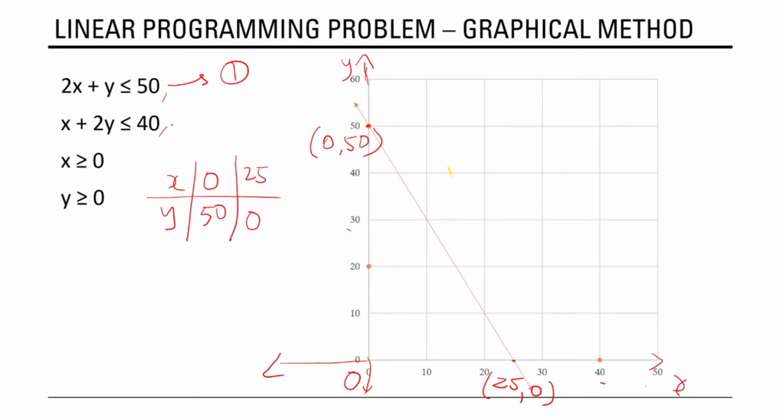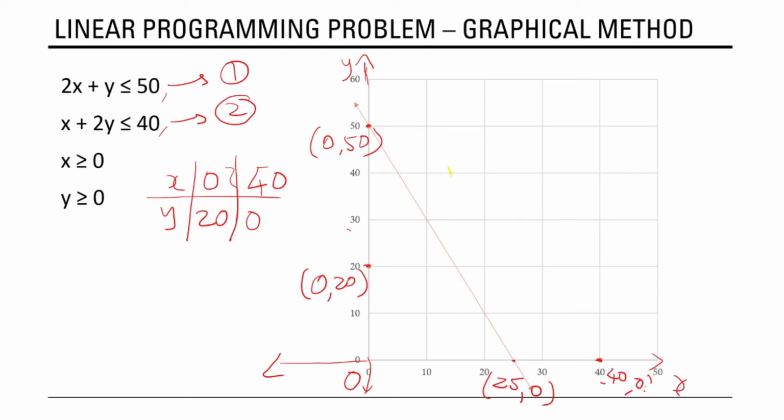The next inequality is x plus 2y less than or equal to 40. So let me take: when x is 0, y is 20, and when y is 0, x is 40. So the point corresponding to 0, 20 is this point, and the point corresponding to 40, 0 is this point.